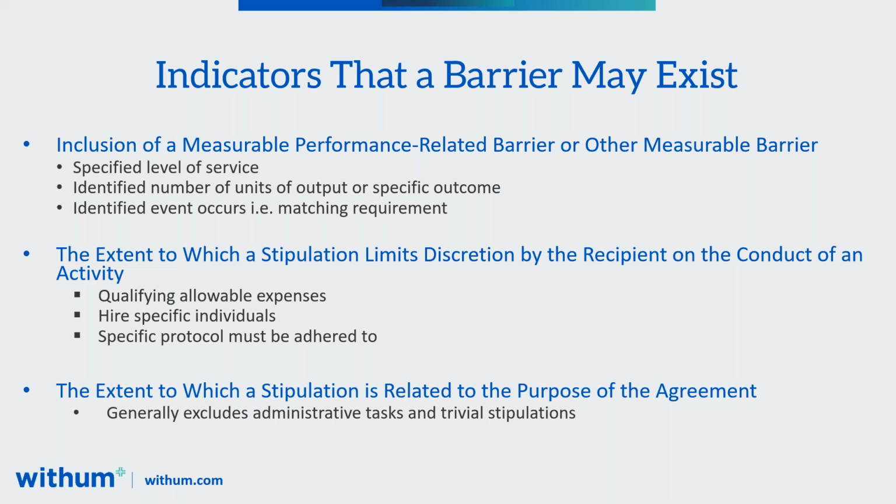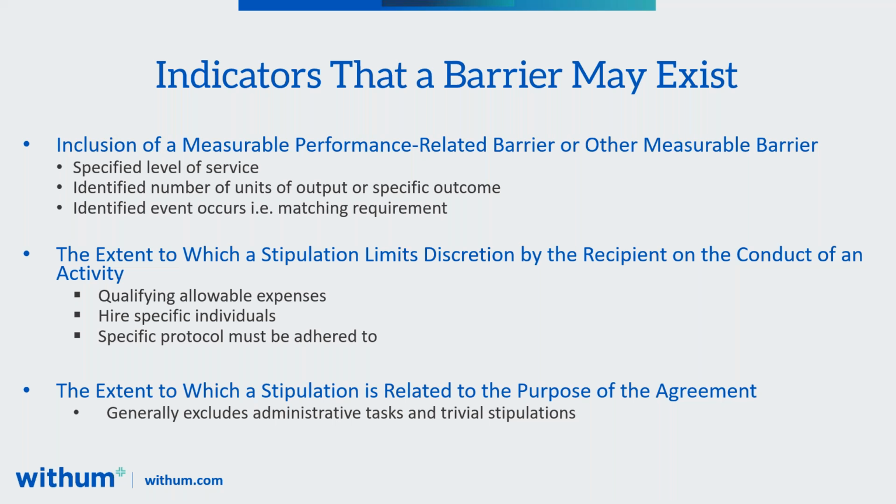The agreement identifies a number of units of output or a specific outcome. For instance, I'll give you a capital grant to expand your facility by 5,000 square feet. It's very specific and it's very measurable. That indicates a barrier. Or an identified event occurs, like a matching requirement. I'll give you $1 for every dollar you raise. When you raise $1, that's the barrier, and then you've earned the other dollar.